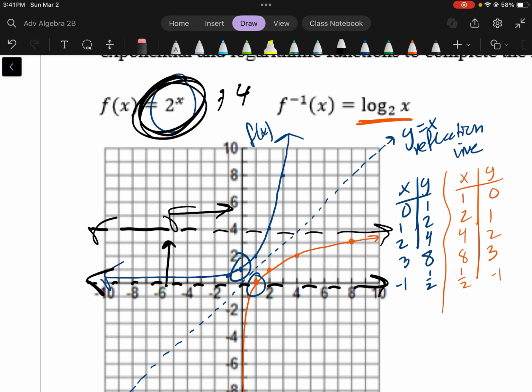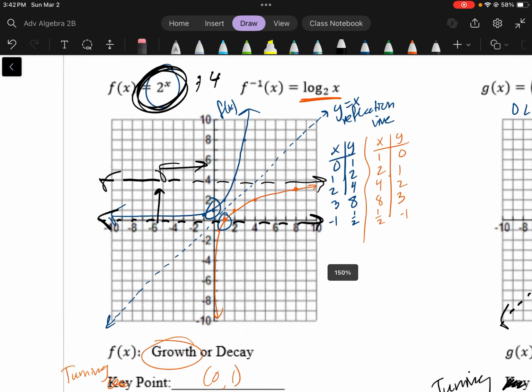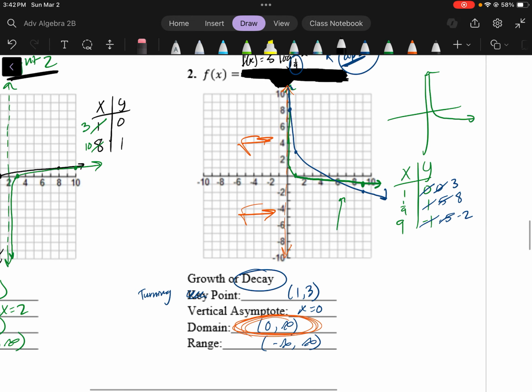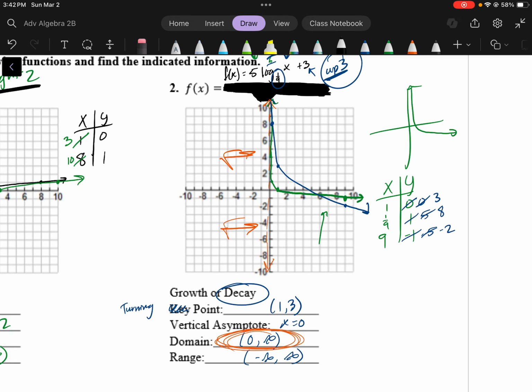My point is, if you can remember exponential versus logarithmic and which one has which type of asymptote, knowing that that line could be physically pushed left and right or up and down will help you determine the domain and range for that function as well as graphing it.